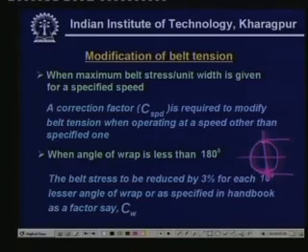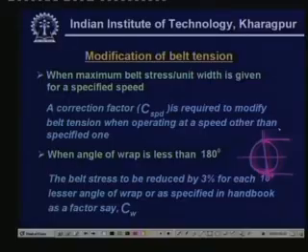However, this 180 degrees will be maintained only when both the driven and the driving pulleys are the same in diameter. If one is larger than the other, then, as you have seen in the earlier figures we discussed, the angle of wrap on the smaller pulley will be less than 180.